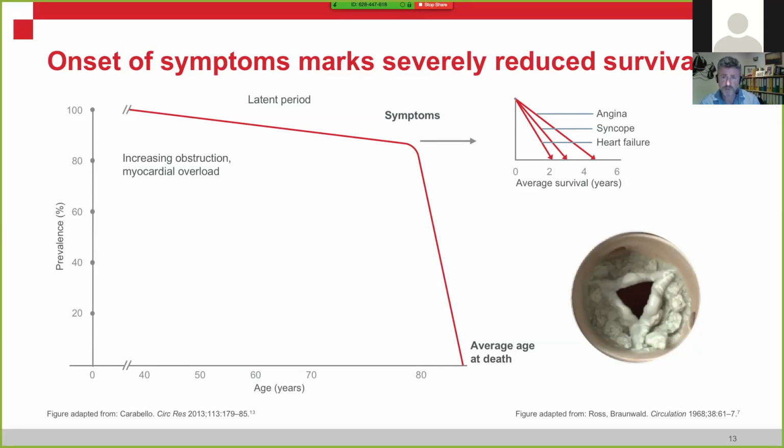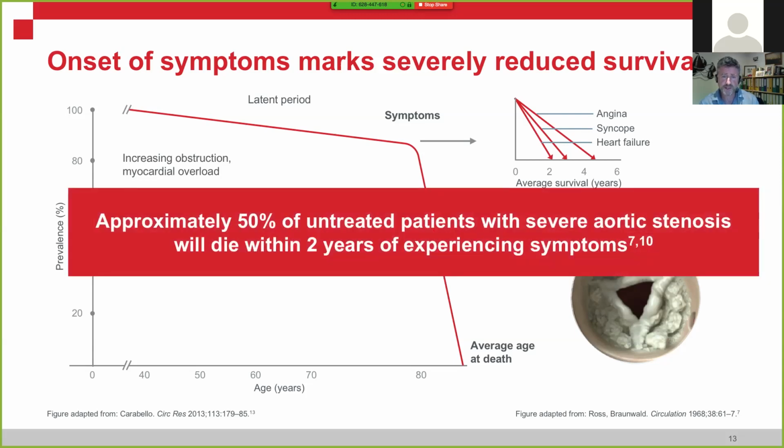Prognostically, we need to be managing these patients just as proactively. Approximately 50% of untreated patients with severe aortic stenosis will die within 2 years of experiencing symptoms. So symptoms are absolutely key in terms of assessing this cohort of patients, because it has such a big bearing on their prognosis and survival.